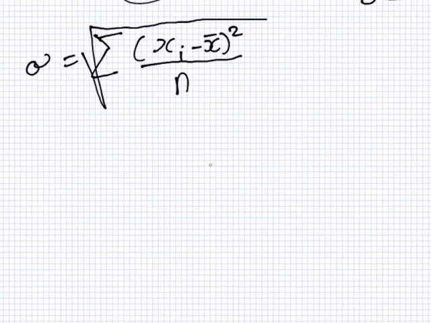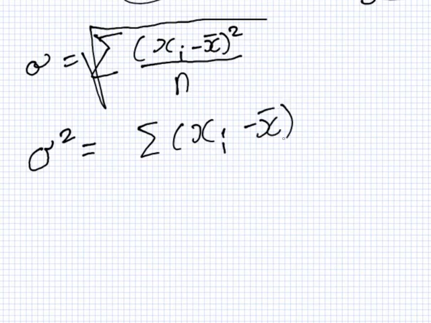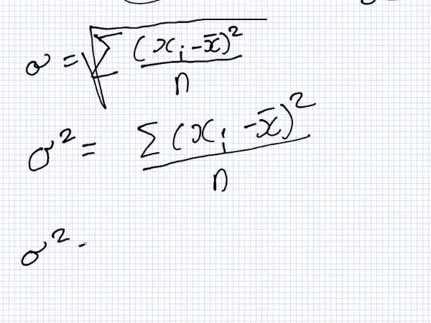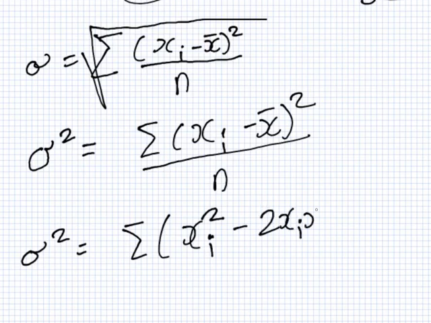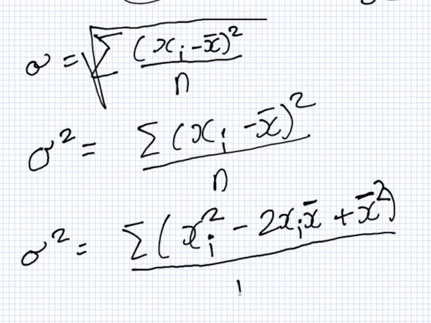Okay, so let's try and simplify this. For the moment, I'll square both sides to get rid of the square root. So here I have sigma squared equals the sum of (xi minus x average) squared, over n. Next, I'll open the bracket. So this will be the sum of xi squared minus twice xi x average plus x average squared, all over n.